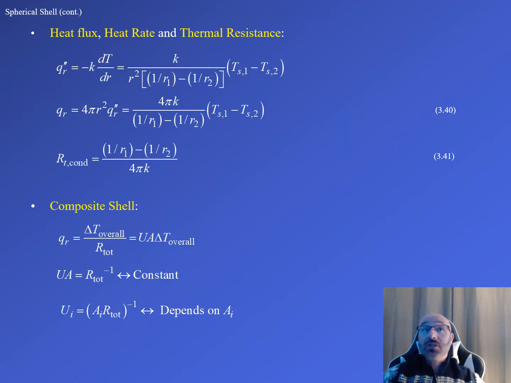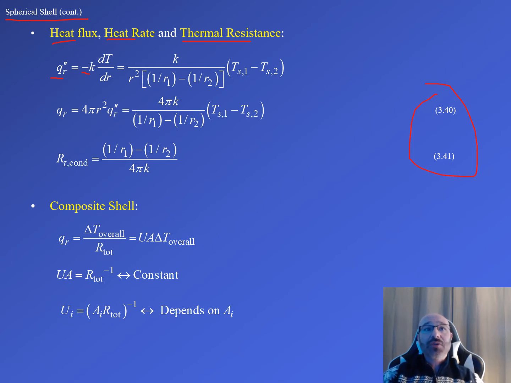So this now brings us to some governing equations we can utilize when we're dealing with these spherical shells. If we're talking about heat flux, heat rate, and thermal resistance governing equations, we can reference back to our textbook equations 3.40 and 3.41. What we have here for our heat flux, q_r double prime, is equal to negative k, thermal conductivity, times the change in temperature with respect to that radius, dT/dr. Again, that r is going from the center of the sphere moving out.